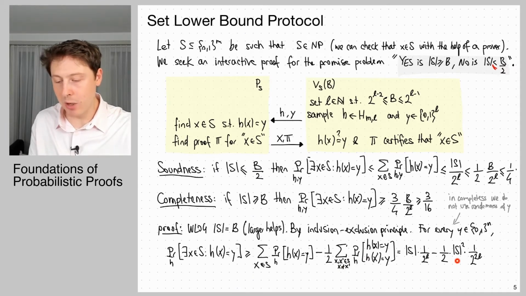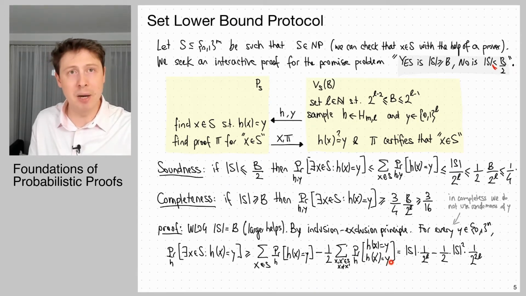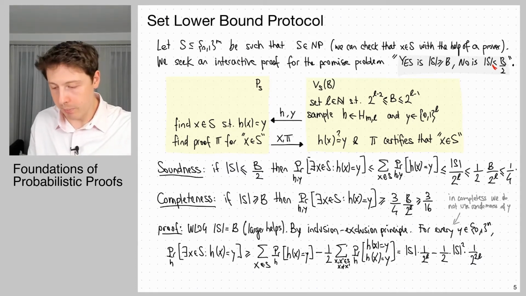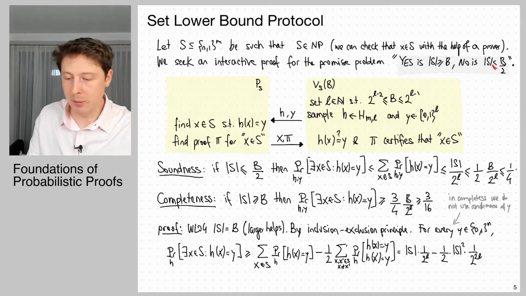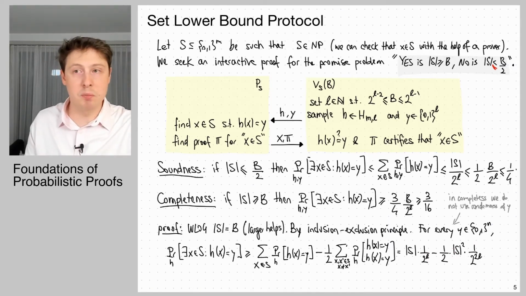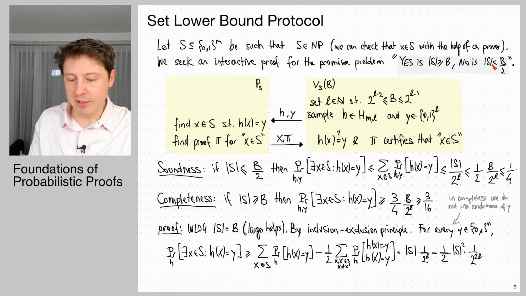We have at most S squared of them, okay? And what is the probability that we have a collision? That is exactly the pairwise independence condition. So it is 1 over 2 to the 2 times L. All right? So we've used the collision probability here, pairwise independence. Now we just put in our various assumptions.